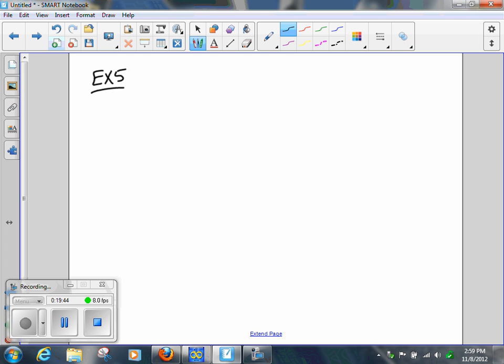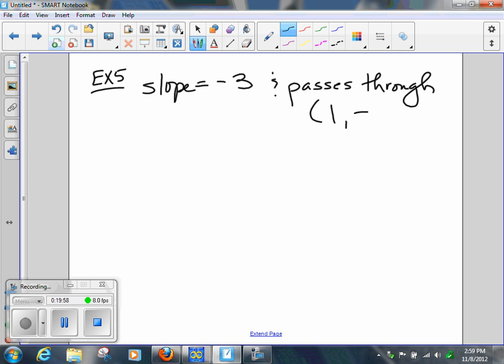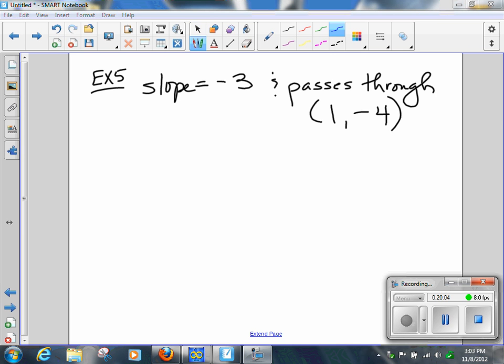All right, you guys do this one. Slope equals negative 3, and the line passes through the point 1, negative 4. You do that one yourself. All right, so what do I do? First thing, what is it? Write the old formula.